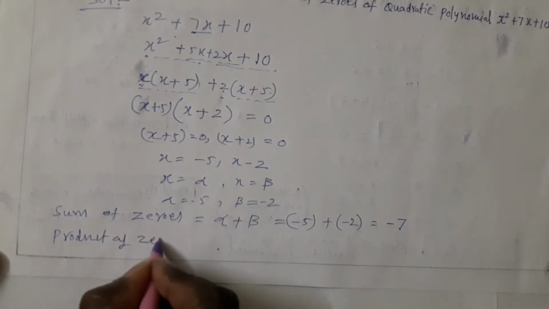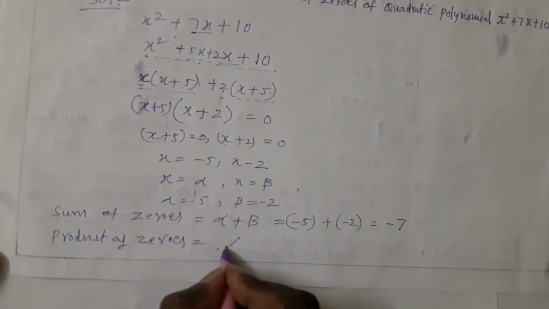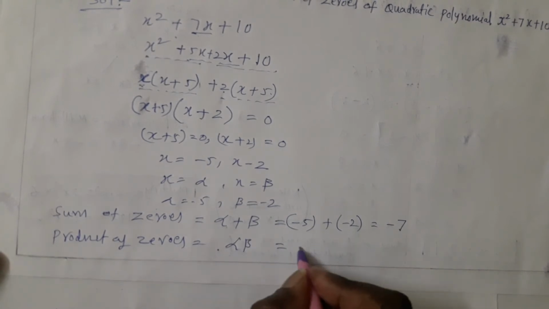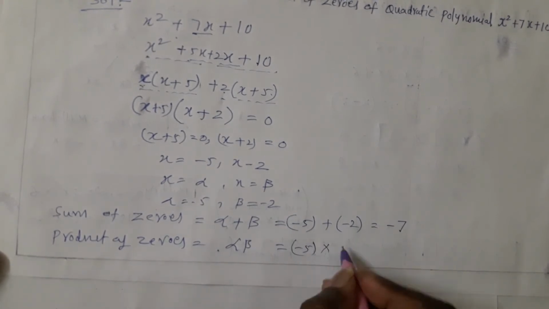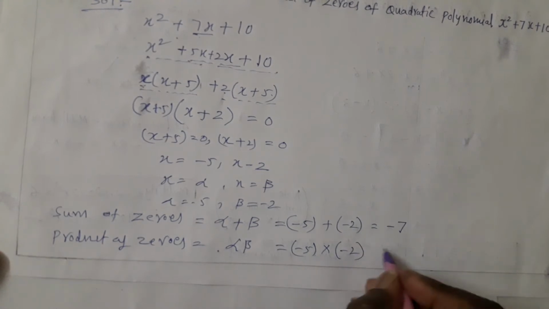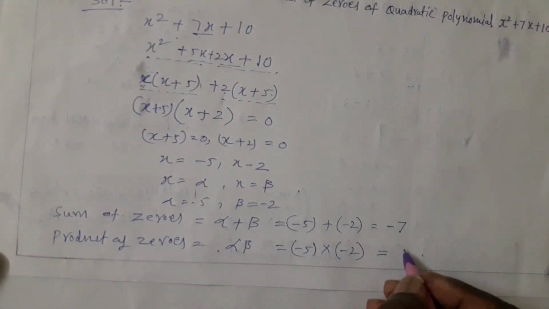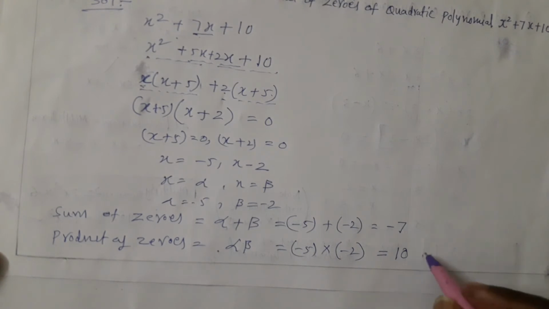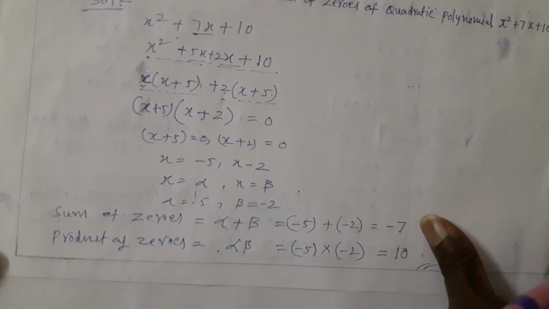Product of zeros is equal to alpha into beta, that is equal to minus 5 into minus 2, that is 5 into 2, 10, minus into minus is plus. So this is over. Going to next question.